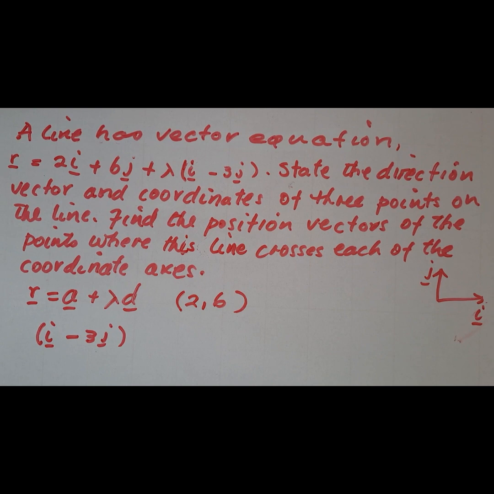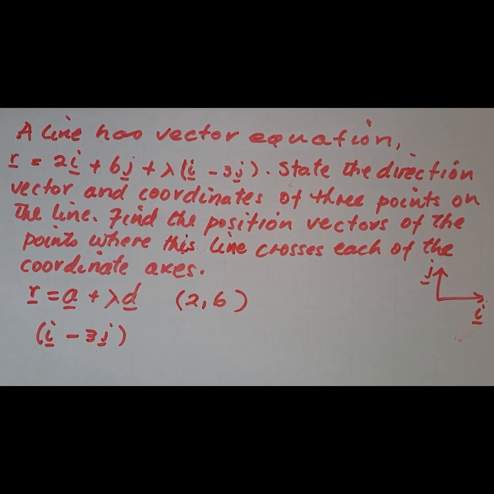Another point on the line could be given when we have lambda being 1. I've just chosen to use lambda as 1. You could have chosen other numbers for lambda to determine your 3 points on the line.